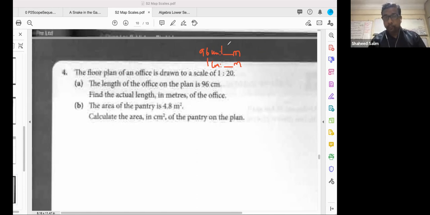Well done. Now down here you got 0.2, right? Now you got to change this to the area one. 1 square cm is how many square meters? And then you got to find now.